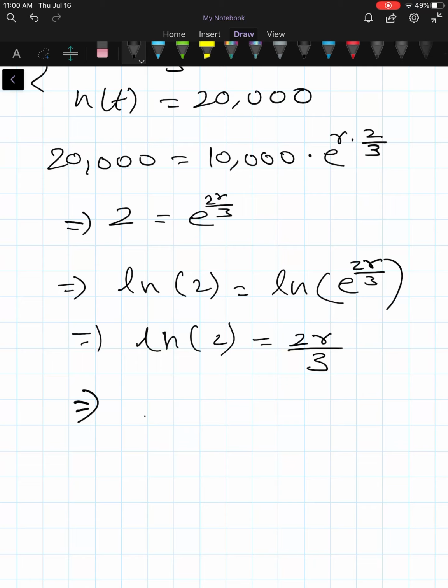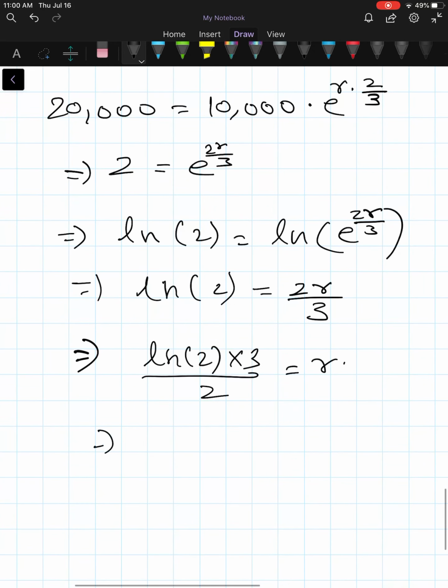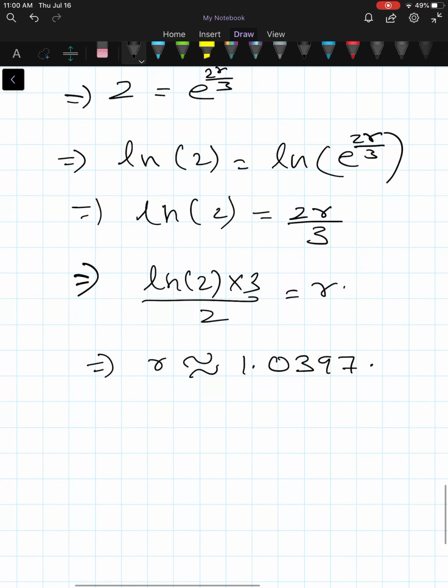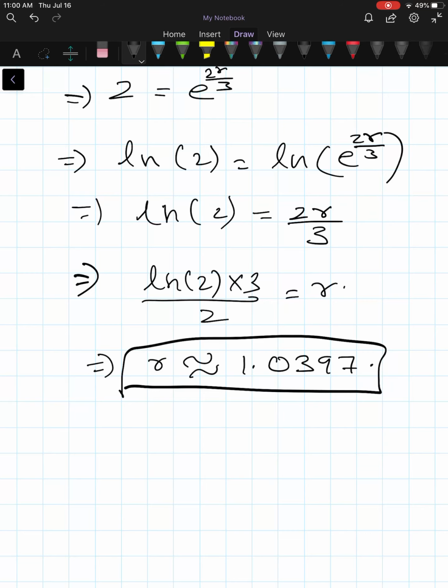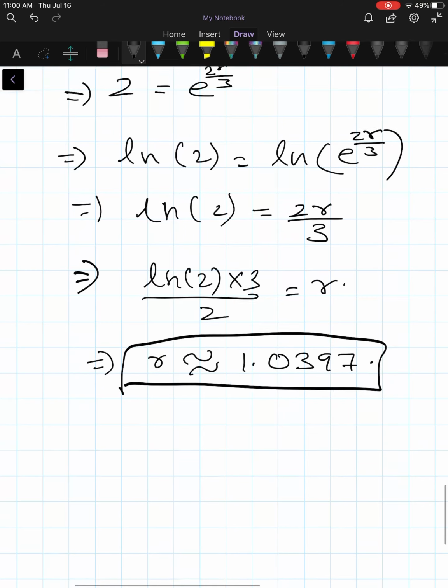So r will be equal to ln of 2 times 3 divided by 2, which is approximately 1.0397.